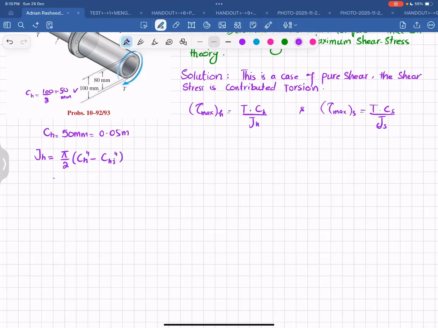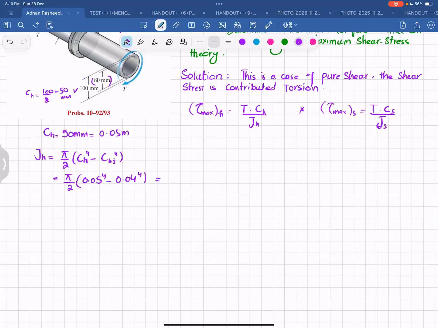So I will put the value: pi by 2, Ch which is the outer radius, that is 0.05 to the power 4, minus C inner. The inner diameter is given as 80, so the radius C inner will be equal to 40, and 40 in meter is 0.04 to the power 4. And you can calculate that.